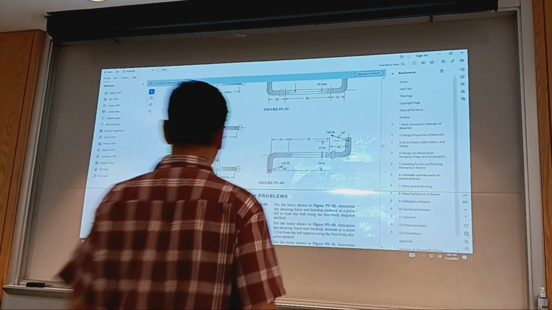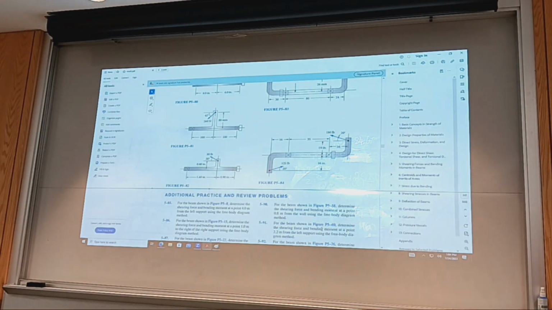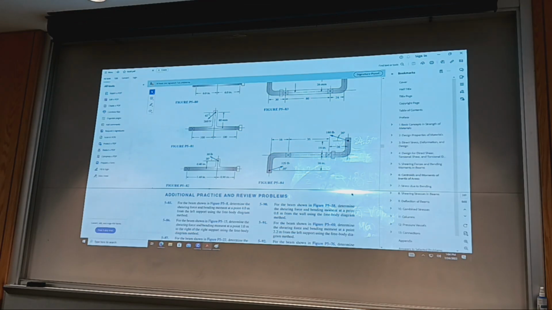We took a short break. So we're going to go over a problem with beams made of sections.